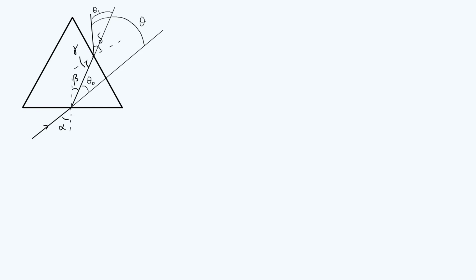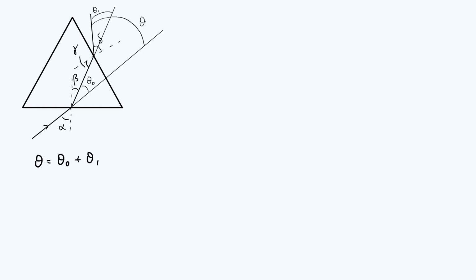I can call that theta 1. So I'm basically splitting the angle theta up into two contributions due to the two different refractions. Overall, our angle of deflection, which we're aiming to calculate, theta, is just theta 0 plus theta 1.